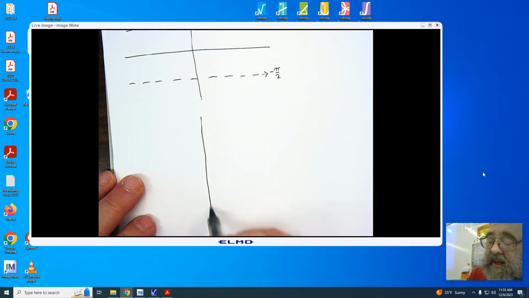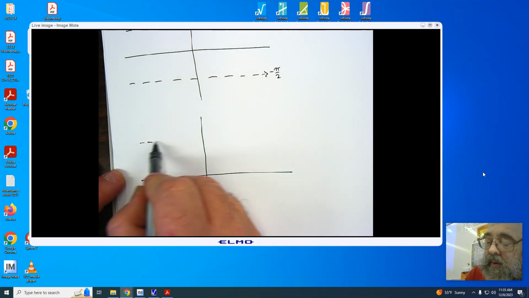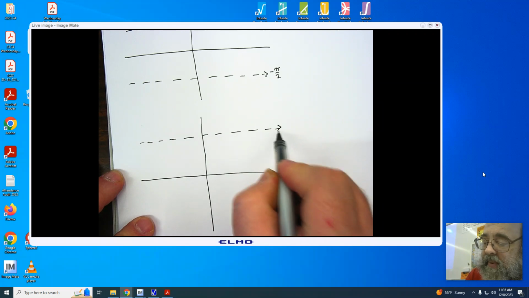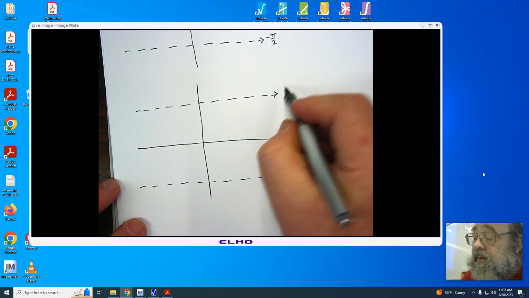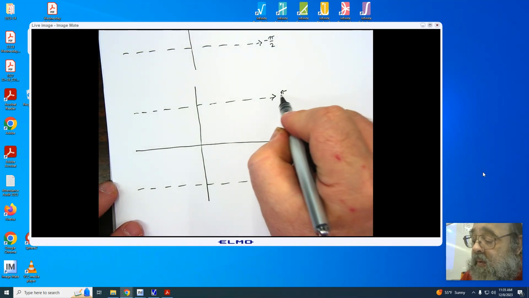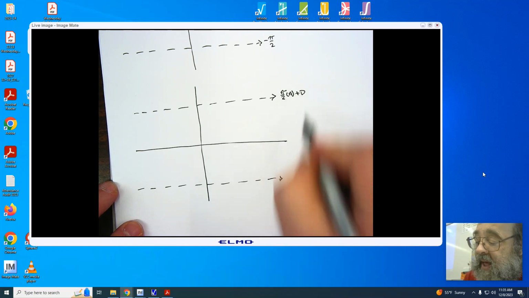So when we actually get down to our graphing, we're going to be adjusting our pieces based upon those A's and B's and D. So this right here has to be pi over 2 times A plus the D value.